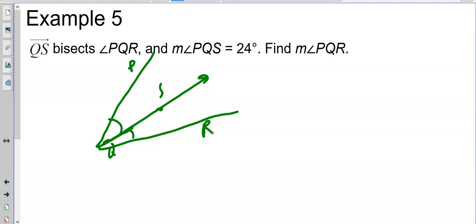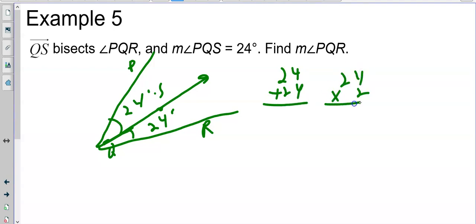Now it says PQS is 24 degrees. Find PQR. Well, if this is 24 degrees, then this is 24 degrees. So therefore, PQR is 24 plus 24, or 24 times 2.